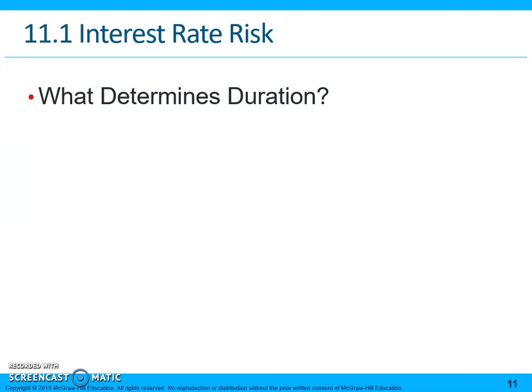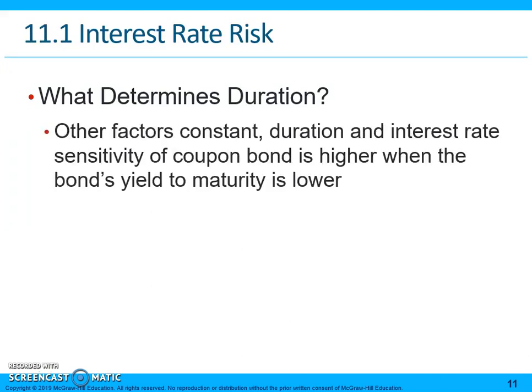Other factors held constant, the duration and interest rate sensitivity of a coupon bond is higher when the bond's yield to maturity is lower. We saw that in the chart. I think it was slide 4 or 5 in this chapter.